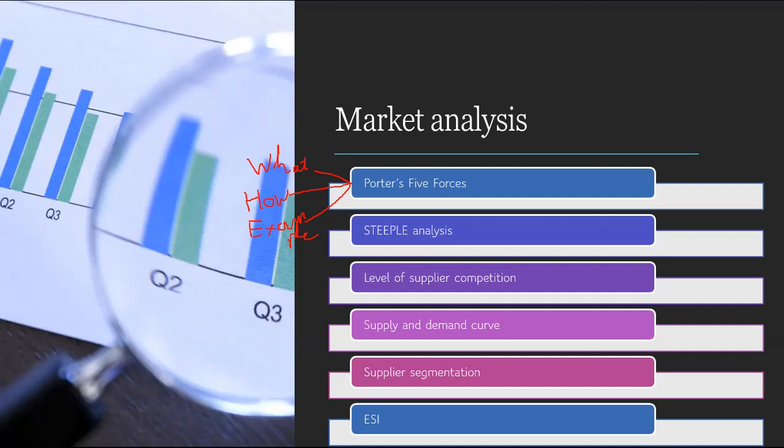So the key here is not only about remember the correct name of the tool, but also about the details of that tool, like what is it, how is it applied, and the example of applying these tools to day-to-day job.